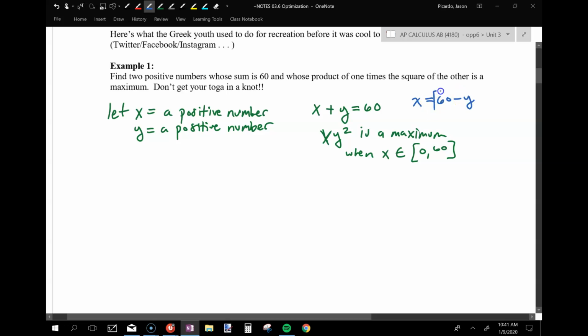So what am I going to do now? I'm going to take this and plug it in here. When I plug it in, I get (60 minus y) times y squared. And we want to maximize this now. Maximize, try to spell that right.